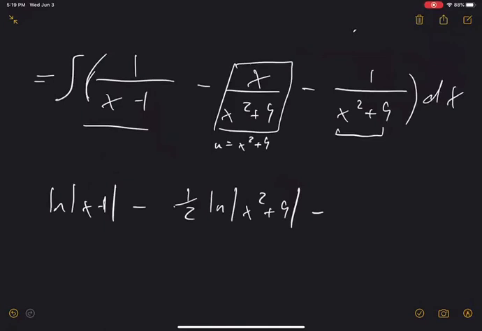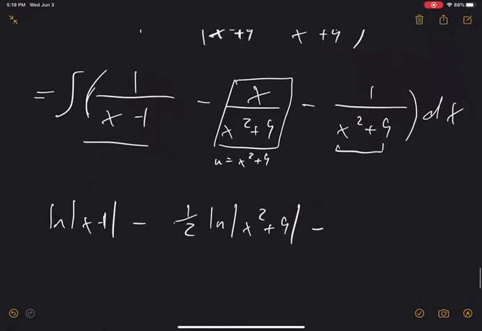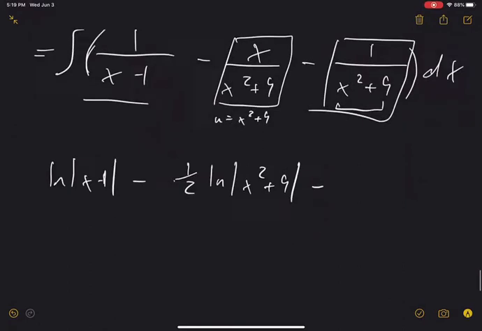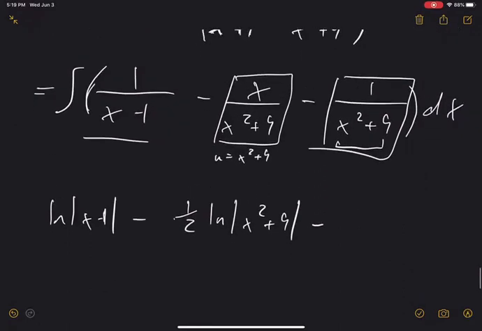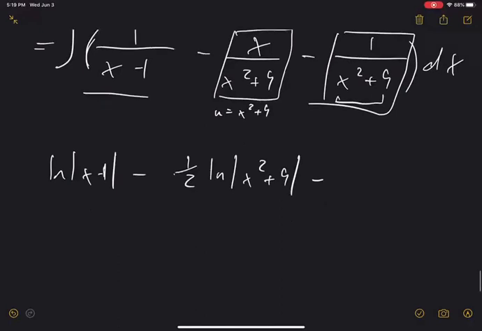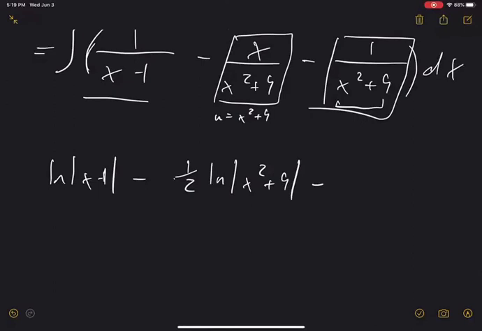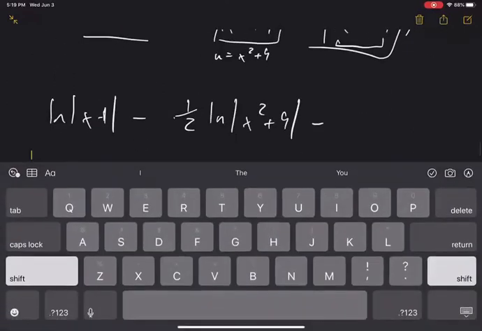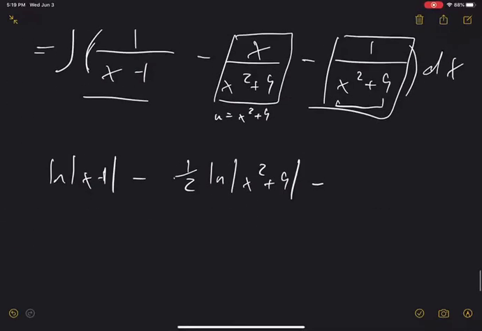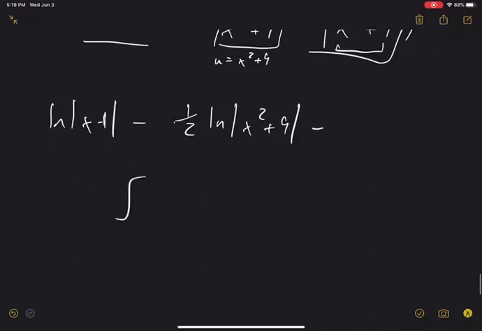Let's see, so let's focus on this thing. Okay, and this is one of the ones where I can't just do it in my head. I think it would end up being 1/3 tan inverse x over 3, something like that. But it's not something I have right at the tip of my tongue or tip of my fingers, whatever you want to say. So I'm going to write that down here. x squared plus 9. Okay.